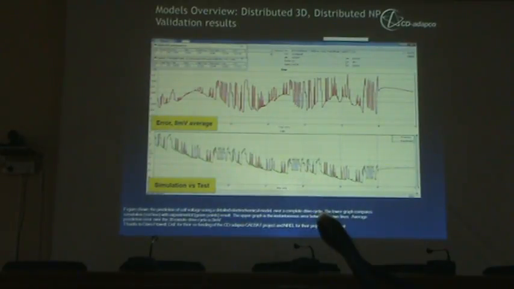Some validation results of Battery Design Studio. Here we have simulation versus test results, and this is the error which is blown up and plotted. You can come back to me if you want these validation papers or any published material shared. I'll share them with you.